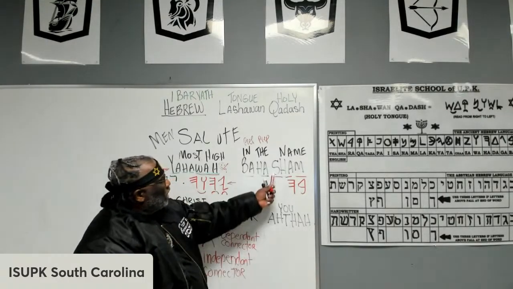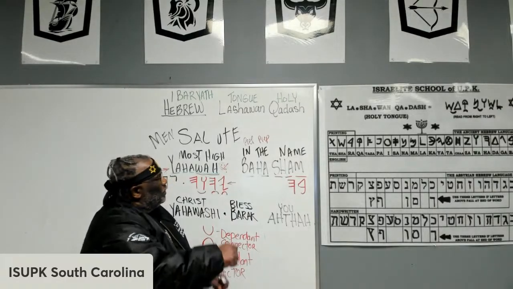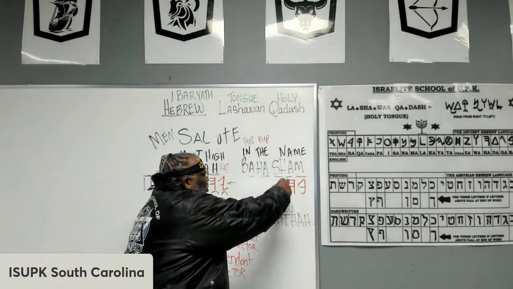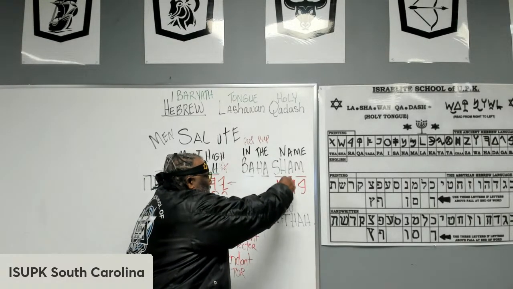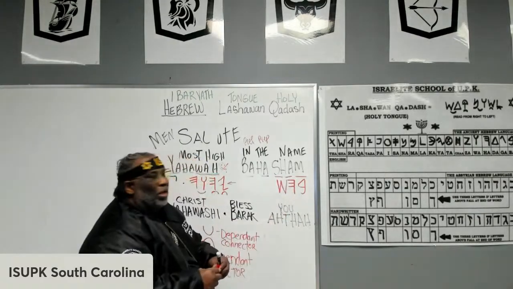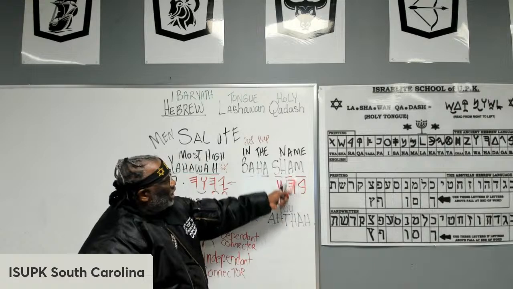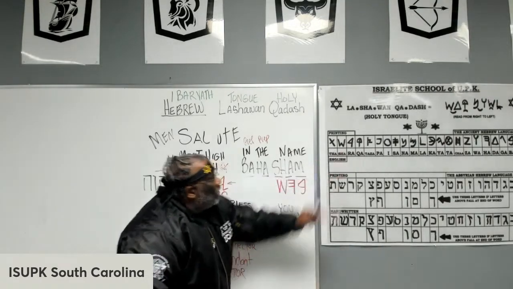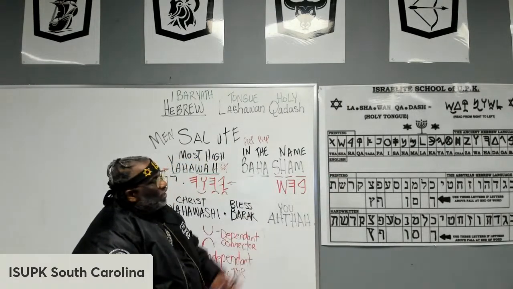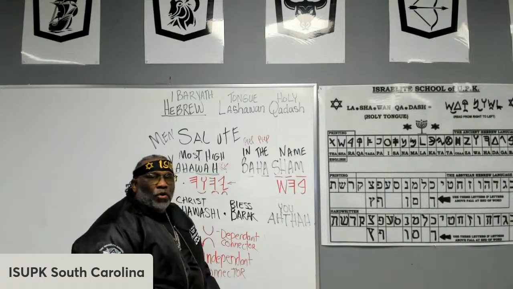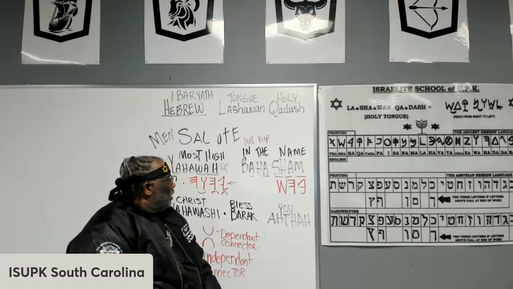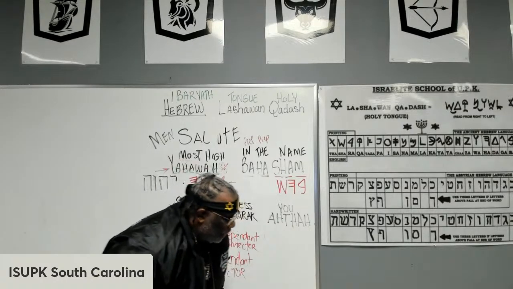Then we have sha. What are we going to do with that? So we're going to say sha, and it'll look like this. It's like a W. That's this sound right here, sha, S-H-A. Just happened to be right in front of me there. That's why with this Hebrew chart, you got to learn this chart really well to understand.